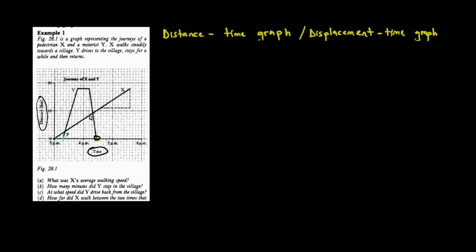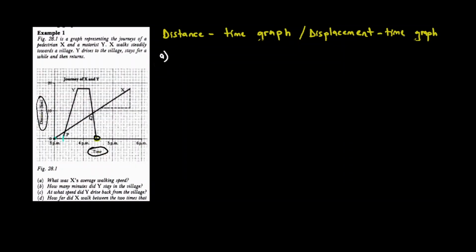Part A: What was X's average walking speed? How do we find X's average walking speed?